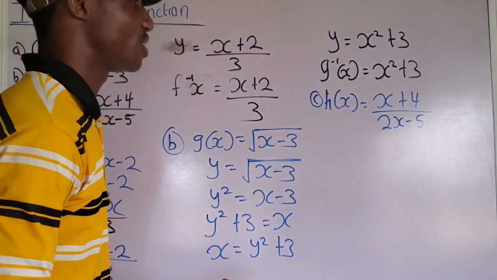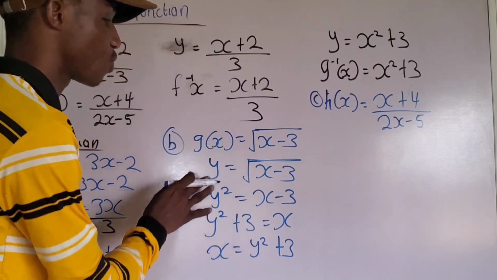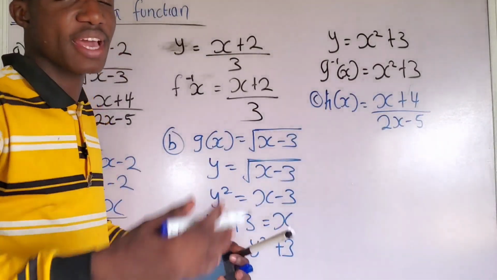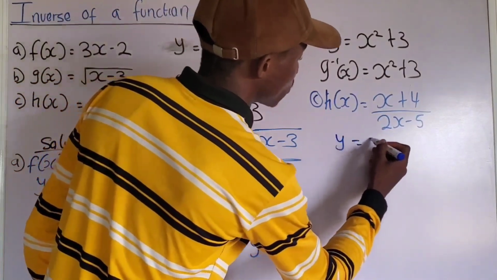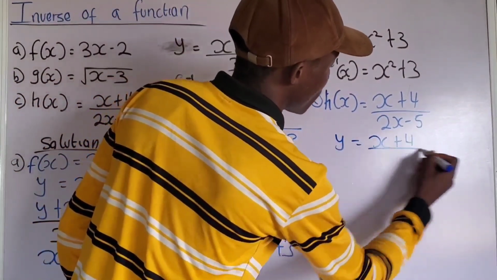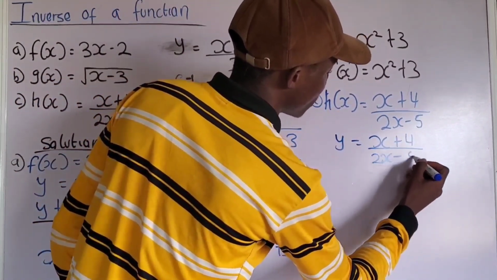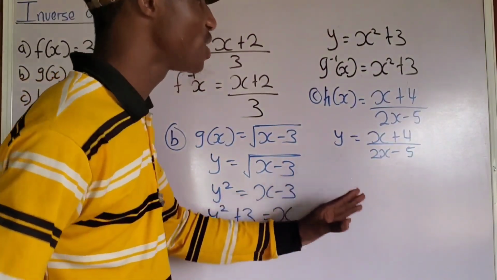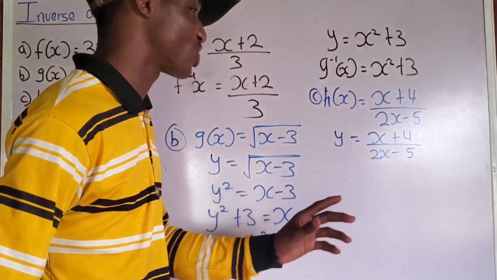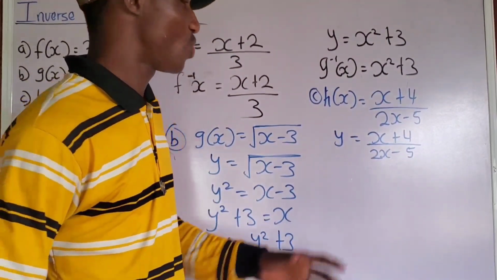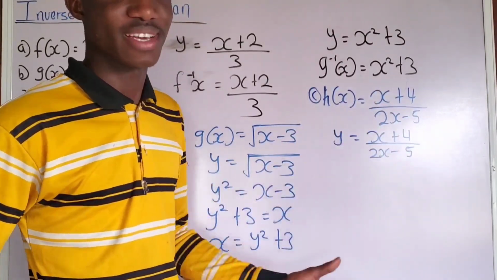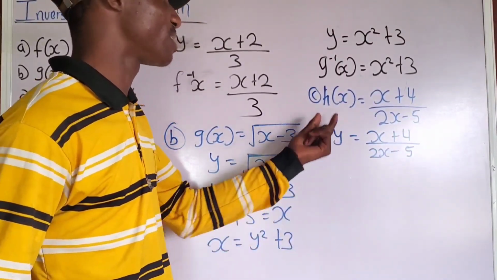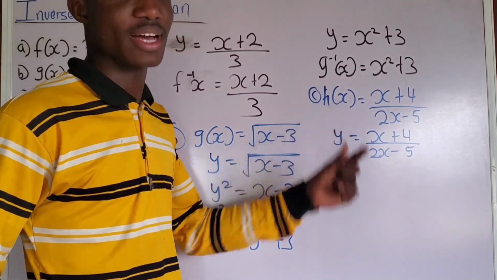This one, the first step also is to let y be equal to the function, then make x the subject of the relation. Okay, let y be equal to x plus 4 all over 2x minus 5. So now here I'm going to make x the subject of the relation. When I'm done, I'm going to interchange the value of x as y and y as x. Then I'm going to put y as h of x.